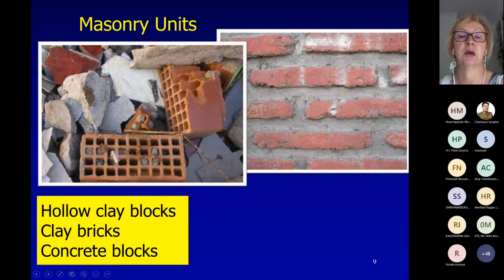And older buildings have clay bricks. So in any case, there are clay elements. In some cases, hollow concrete blocks are used, but that is, I think, a very, very small percentage. Most buildings that I've seen in Chile have these clay blocks, which are shown on the left-hand side.